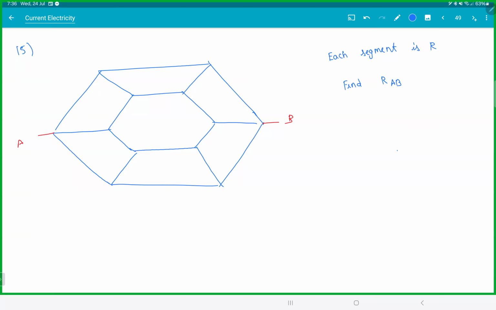This won't simplify. It won't come under series parallel. You still have to use Kirchhoff's junction law.